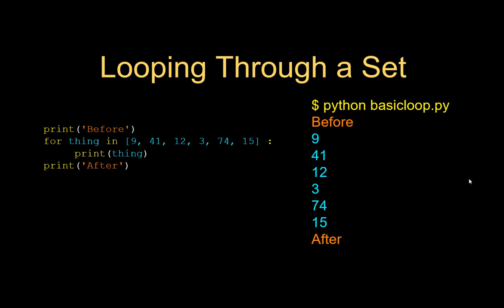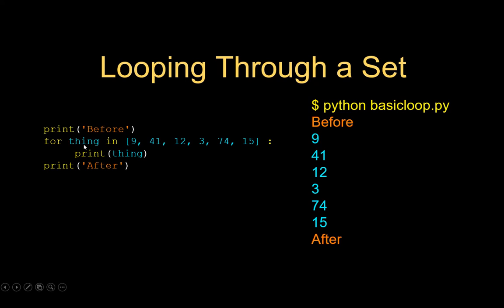Okay, so here we have another set that we want to loop through. In this piece of code, we're just going to print before, that's at the beginning, and we're going to say for thing in this set, print the thing.